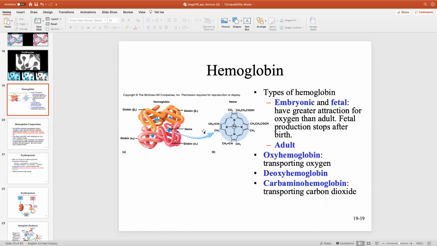Now, here's one molecule of hemoglobin. There's 4 amino acid protein chains called globins. There's 2 alphas, 2 betas. Within each of the globin amino acid chains right here, you have heme. So each hemoglobin molecule can carry 4 oxygens because it has 4 irons and 4 heme structures. Now, in a red blood cell, we're going to have billions of these hemoglobin molecules, right?